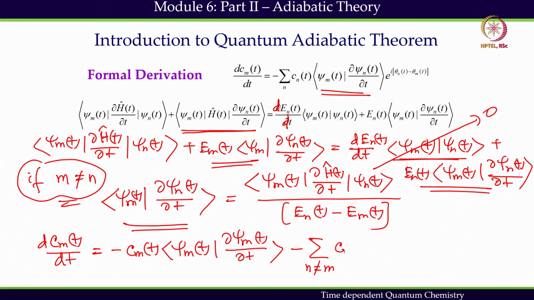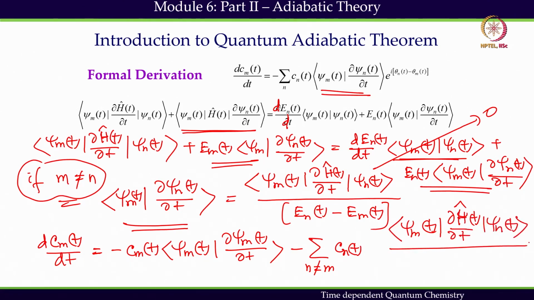It is going to be C_n(t) then psi m(t) then psi n(t), this integration divided by the E_n(t) minus E_m(t) part.